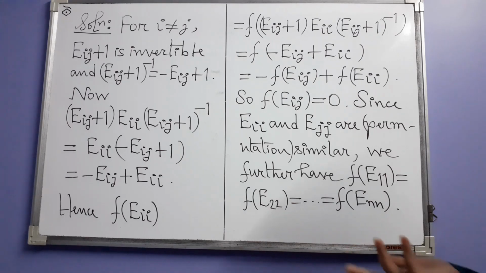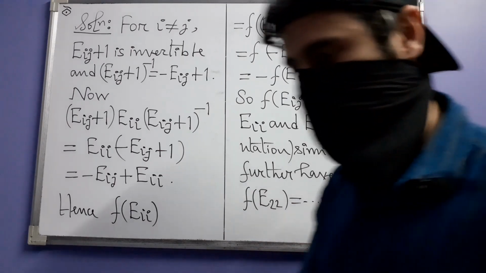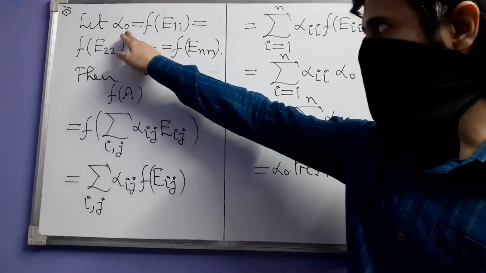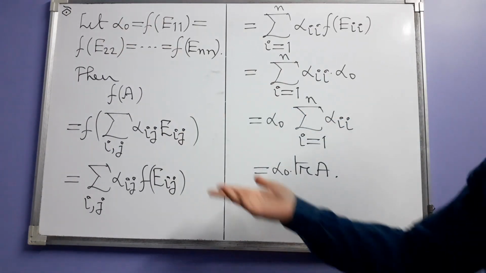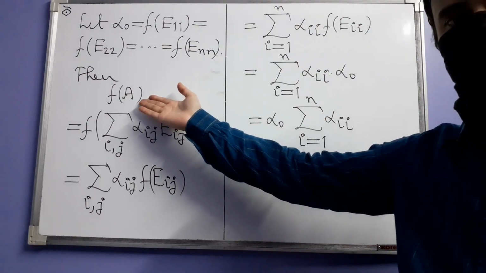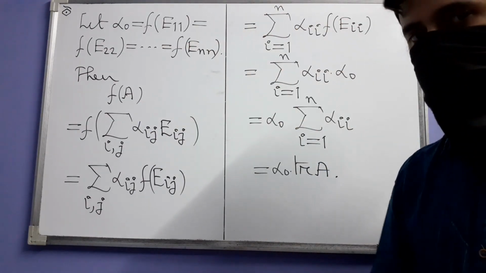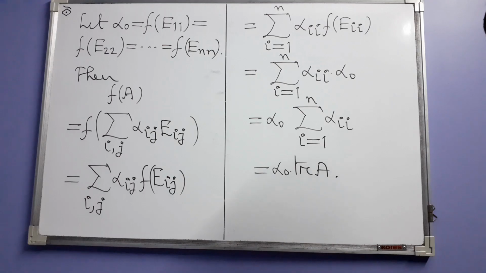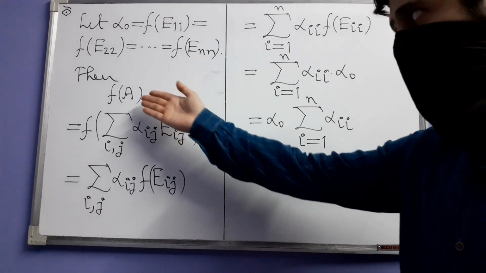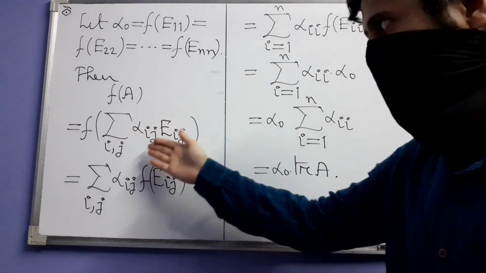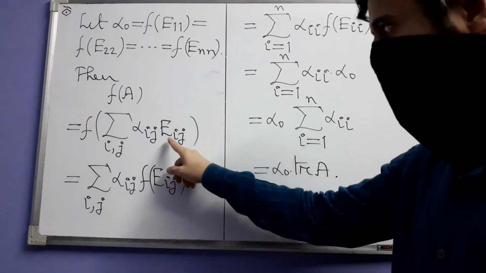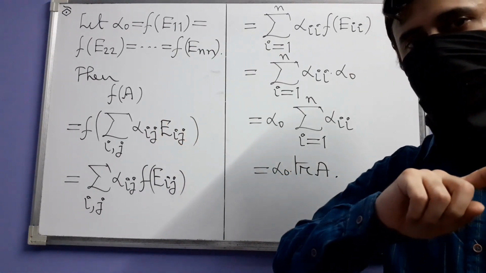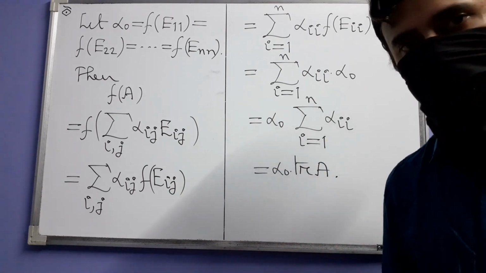Now let's see what we get from these things. Let us take that itself as our alpha naught, and then let's see what we get if we calculate f of A with all these things set up for us. You know that you can express A as a linear combination of the matrices Eij, where i and j both vary from 1 to n independent of each other.